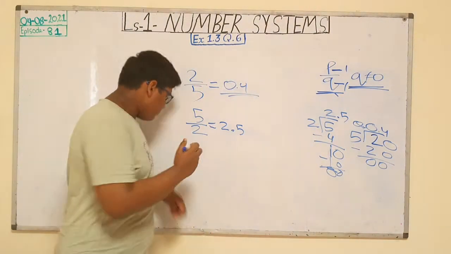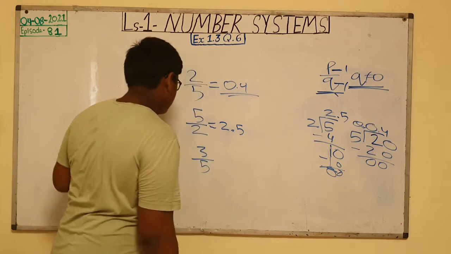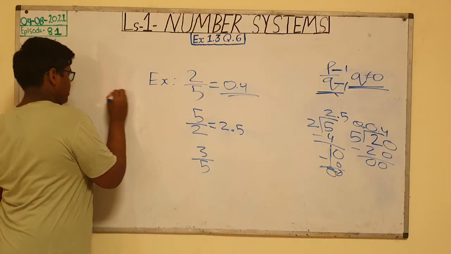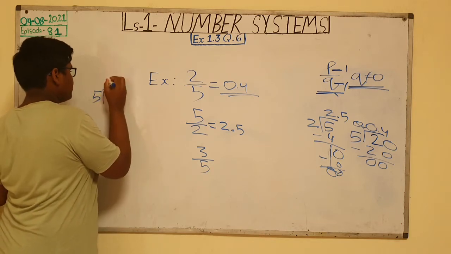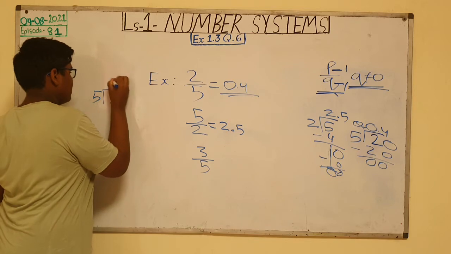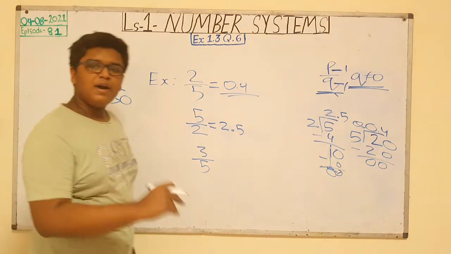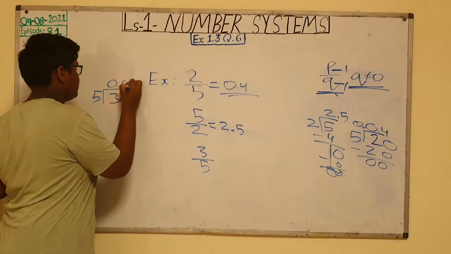Now can we do 3 by 5? Yes, we can. Let's take one more example, 3 by 5. Now the division for this I am going to do here. So 3 divided by 5. 3 is smaller than 5, so we will take a point, 0 point. Now we have 30, right? So 5 into 6 is 30. So we can take 0.6.